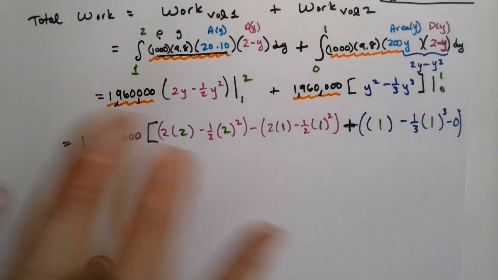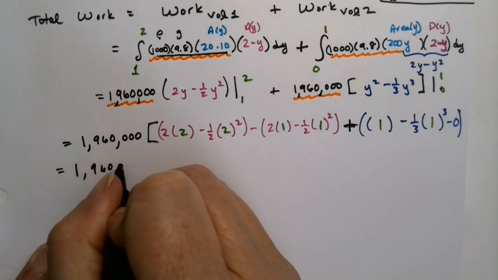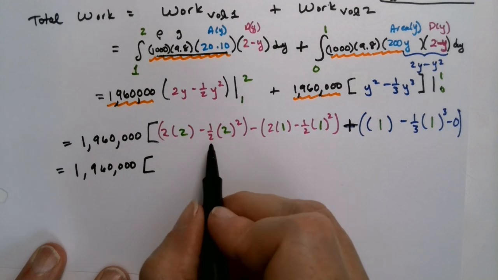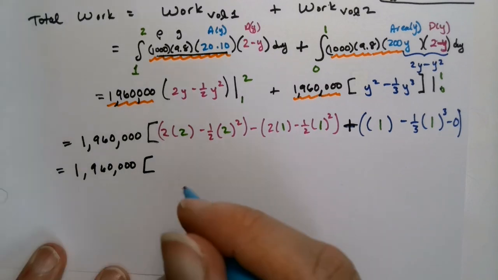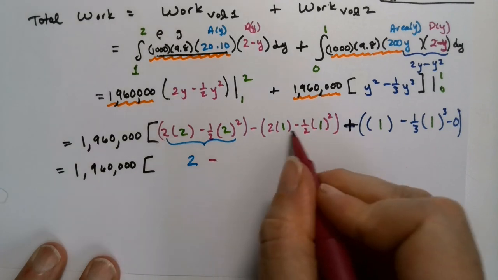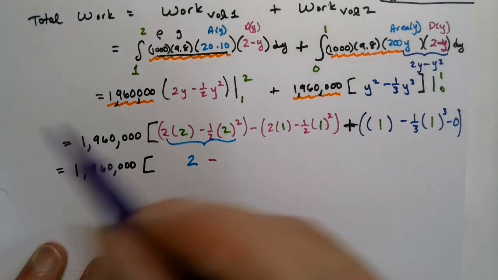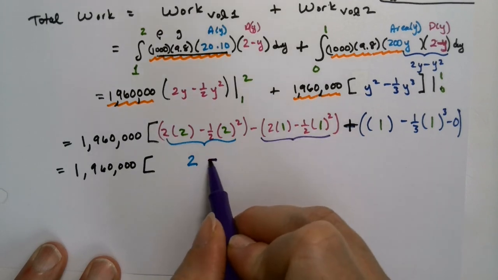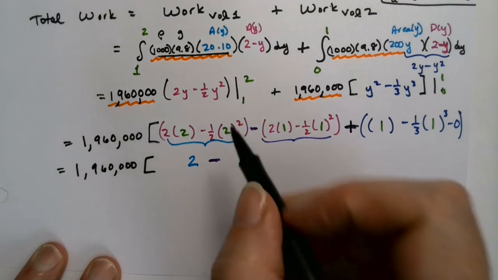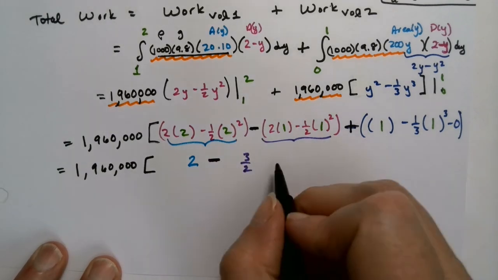Okie dokie. So this is 1,960,000. 4 take away 2 is 2. Here. That's 2. Minus 2 take away 1/2 is 3/2. And then, let's see here, that's a minus. 1 minus a third is 2/3.